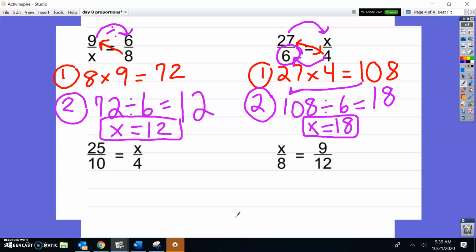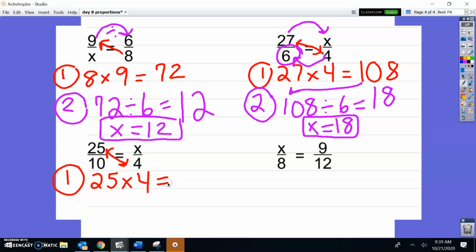So if you're continuing to watch, that means you've already completed these 2 questions. So let's solve for x. Step number 1 is to cross multiply. So I'm going to take my 2 numbers, 25 times 4, because I can't multiply 10 times x, because we don't know x yet. So we're going to multiply 25 times 4.